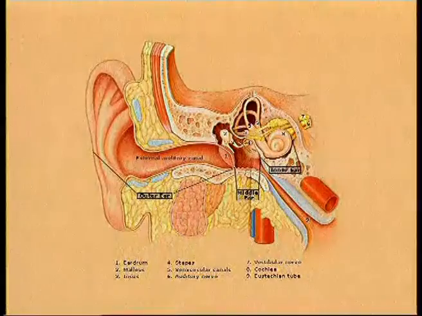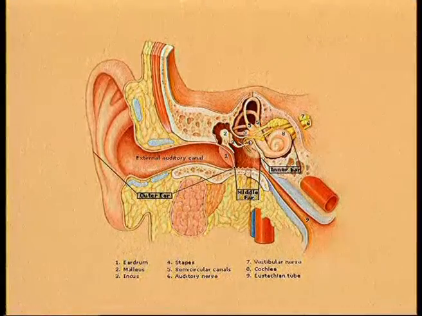Through these cavities, sound ultimately reaches the organ of Corti, and then the organ of Corti receives the sound vibration and converts it into an impulse. This impulse is sent to the brain through the auditory nerve, and the brain feels what this sound is. So this is the mechanism, the pathway of the sound vibration towards the brain.